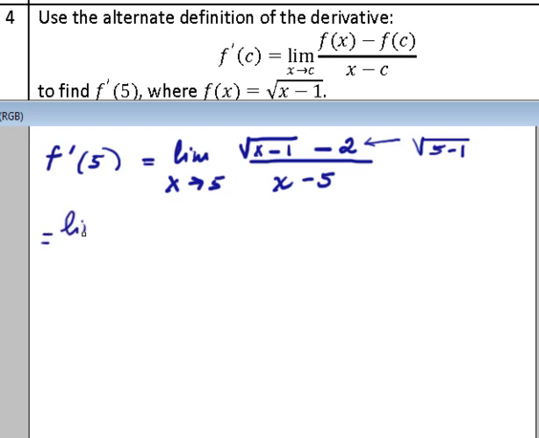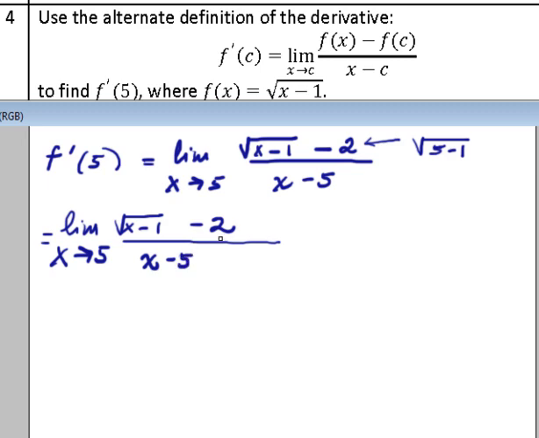So let's write the limit as x goes to 5 of square root x minus 1 minus 2 over x minus 5. And let me just erase this a little bit. We're going to multiply top and bottom by the conjugate of the numerator, plus 2, square root x minus 1 plus 2.